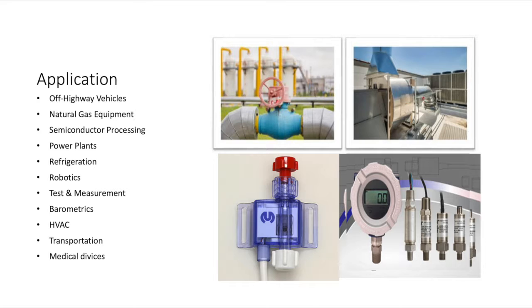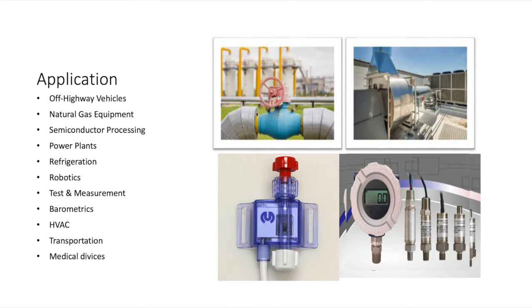The third example is semiconductor processing, such as wafer manufacturing. Next is power plants, piping system pressure, and it can also be used in refrigeration, compressor, and loop oil pressure sensors and equipment.